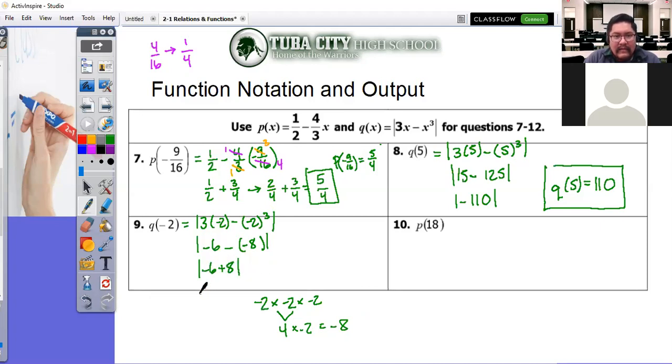And I get 8 minus 6, which is going to be the absolute value of 2. And now again, let's go ahead and put this into our function notation. So now that one's done.